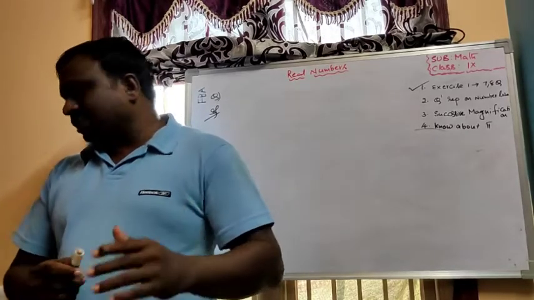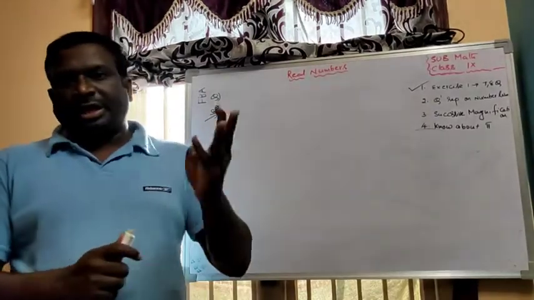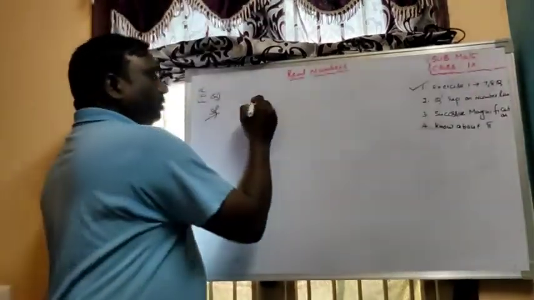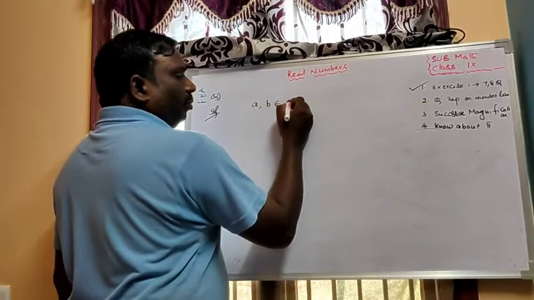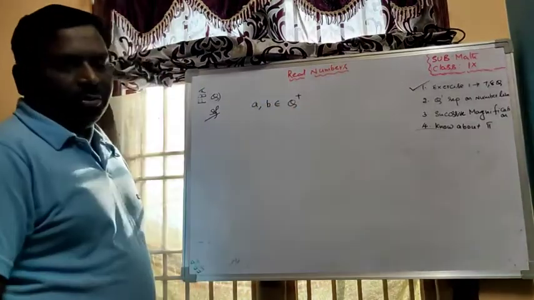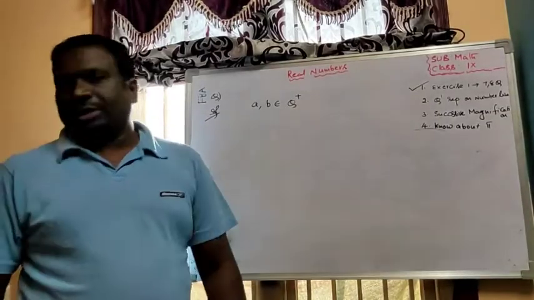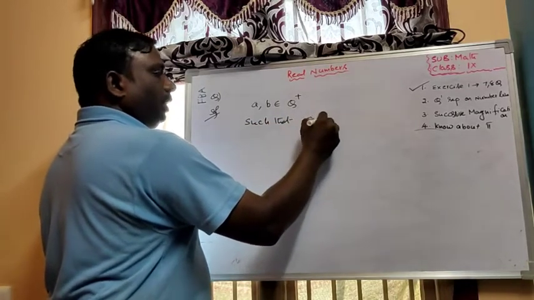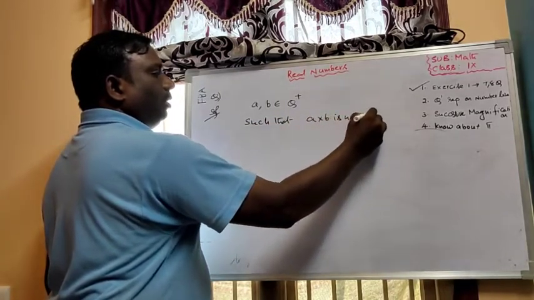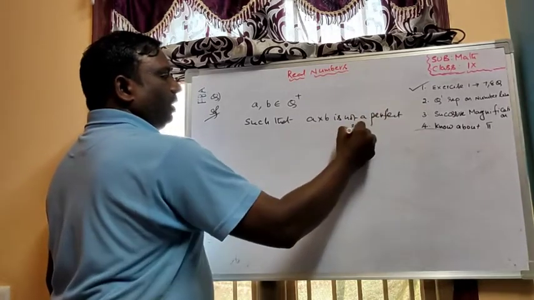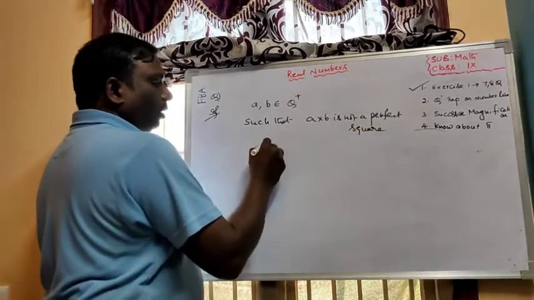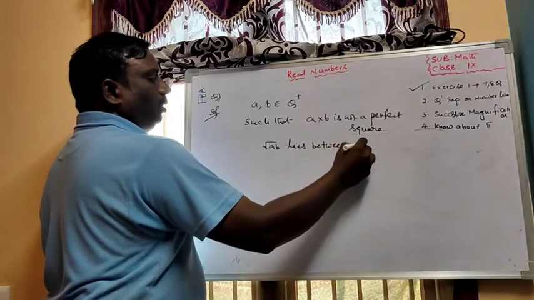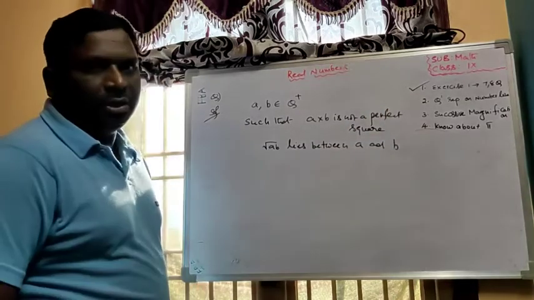Then root AB is an irrational number lying between A and B.